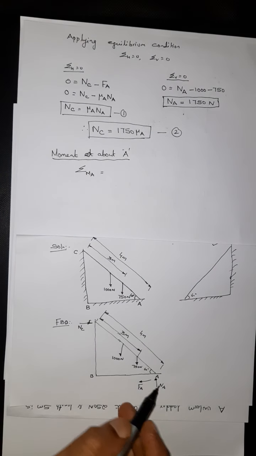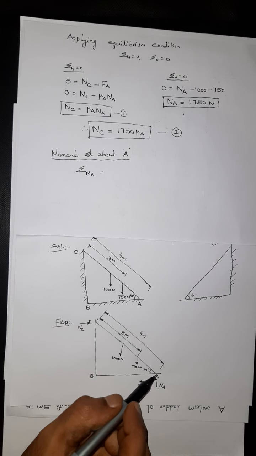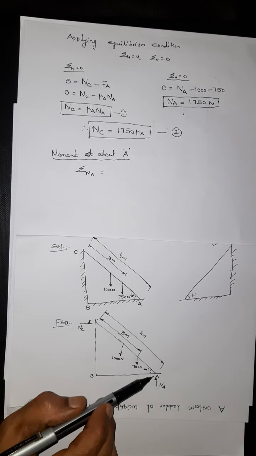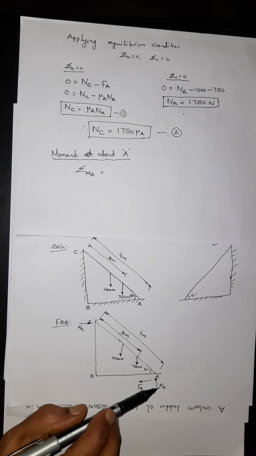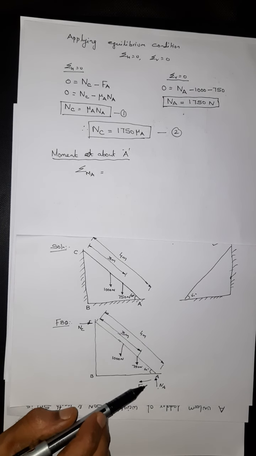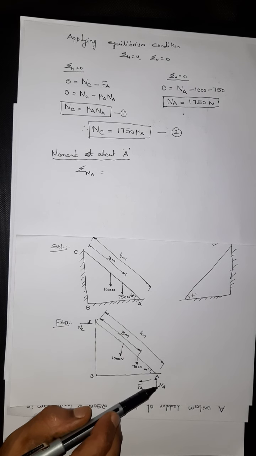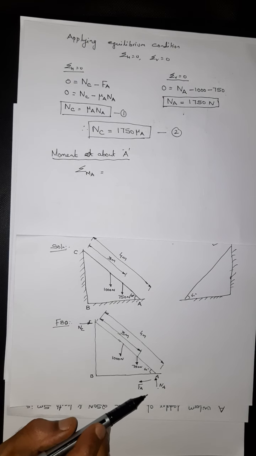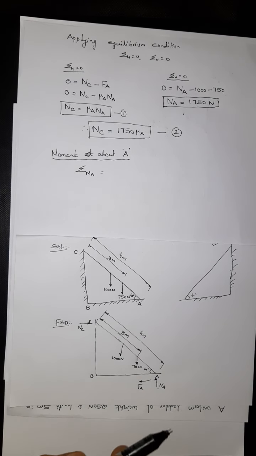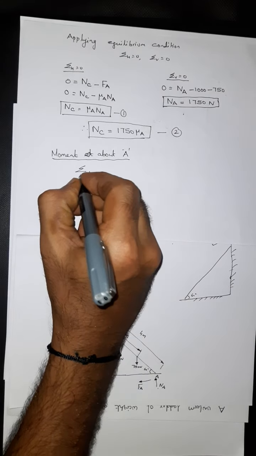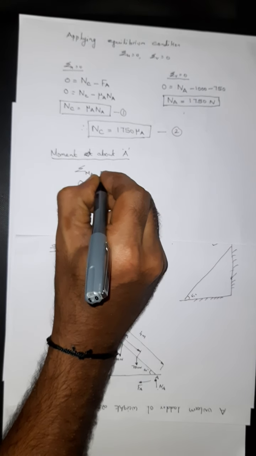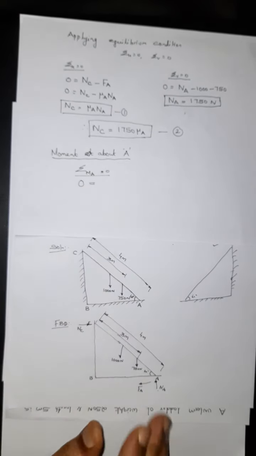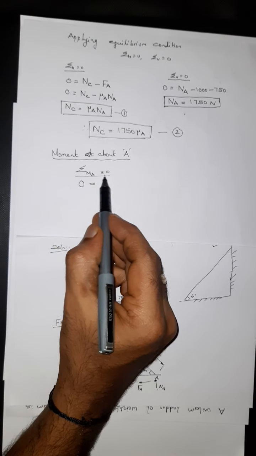Since I'm taking point A, the normal reaction doesn't have any perpendicular distance. Similarly, FA also doesn't have a perpendicular distance. Therefore, both become 0. Because it's an equilibrium condition, the moment equals 0.